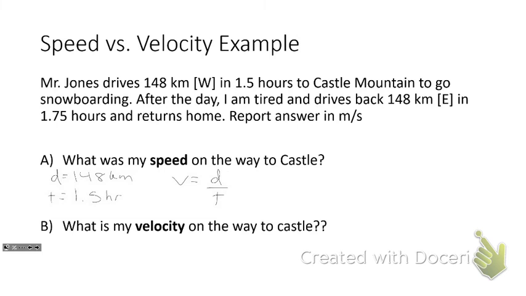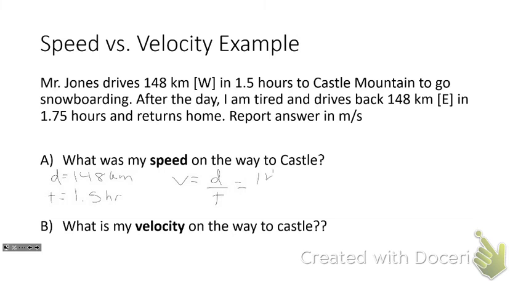Now I know you guys converted yours from kilometers to meters and from hours to seconds. Okay, I'm going to show you guys a trick that you guys are going to be able to use. Okay, so if you're in kilometers per hour, there's a known conversion factor that's going to make our lives easier. So I'll show you guys after. So I'm going to do this in kilometers an hour.